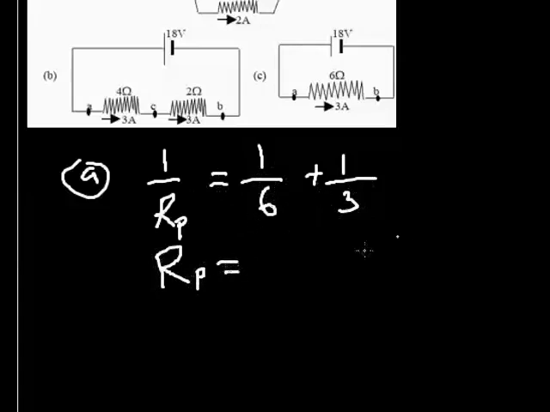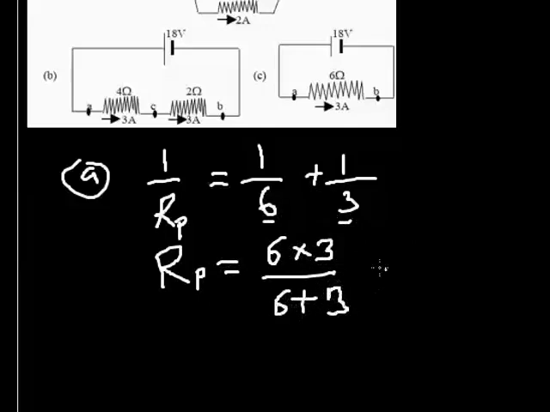The product of the resistors is 6 times 3, divided by the sum of the resistors, 6 plus 3. But if you like, you can go through the LCM. You just use what is convenient for you. So 6 times 3, that's 18.